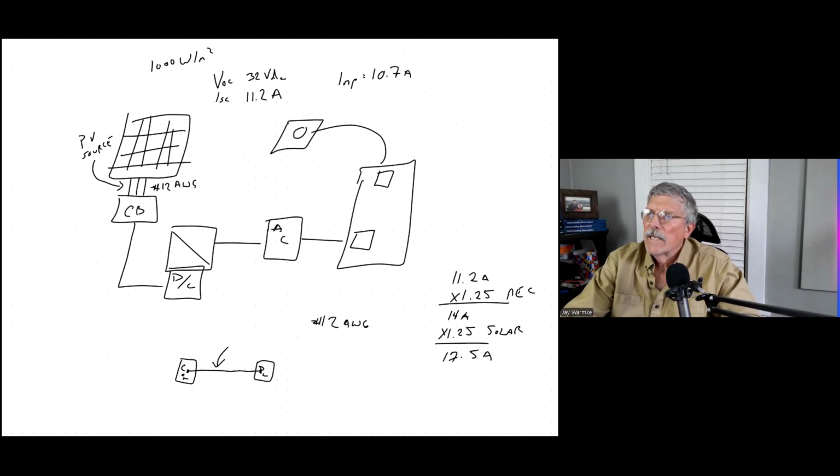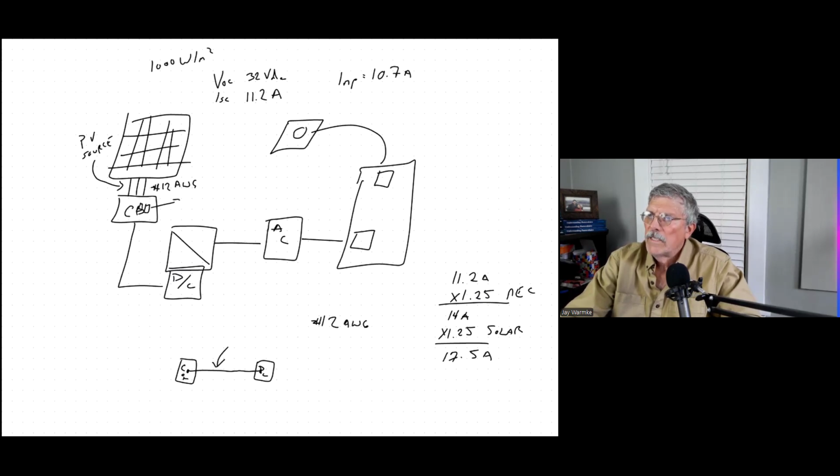Now, let's say that the combiner box has a fuse in it or a breaker. What size breaker do we need if we're connecting into that breaker? Well, once again, 17.5 amps, we round up to the next commercially available size breaker. So we would have 20 amp fuses or 20 amp breakers in here, right?